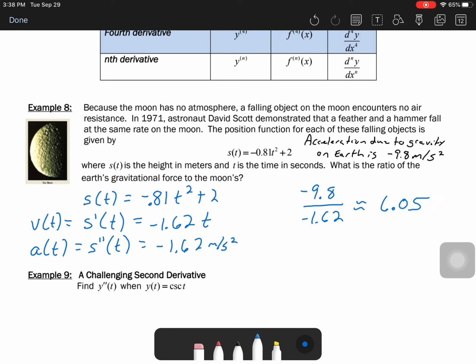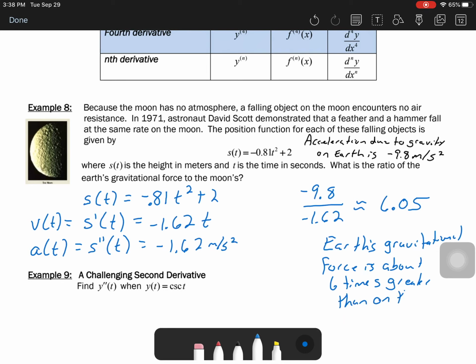The Earth's gravitational force would be about 6 times greater than that on the moon.